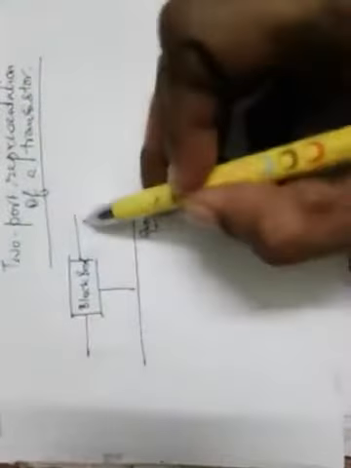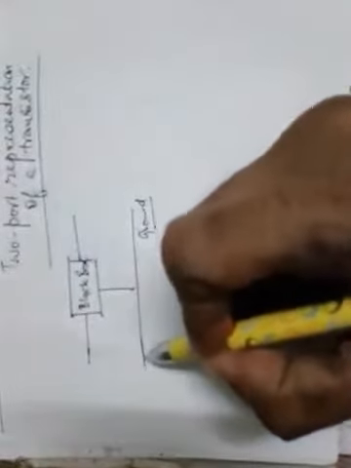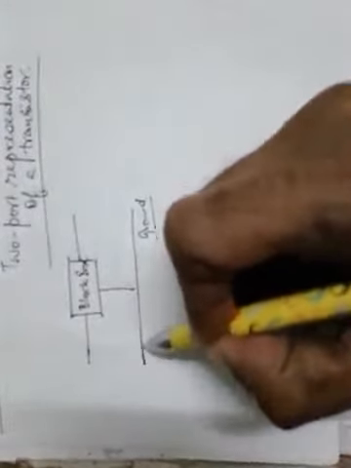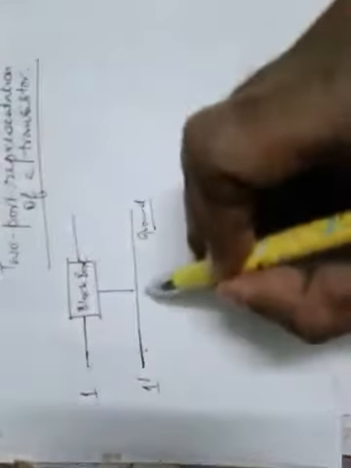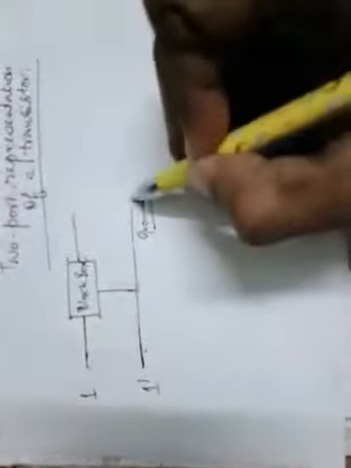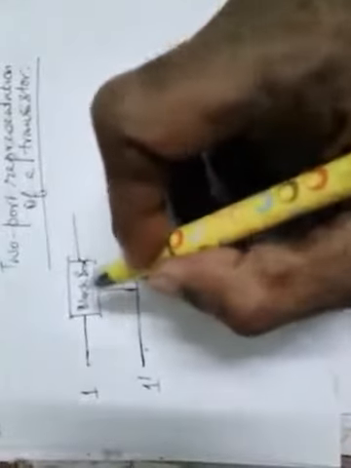One is this one, another is this one, another is this one, and between these two terminals, that is one arm of the common terminal and one arm of the black box, this is written as terminal 1 and this is 1 dashed. Similarly, the other arm of the ground or common terminal is termed 2 dashed, and the opposite terminal, an arm of the black box, is written as 2.